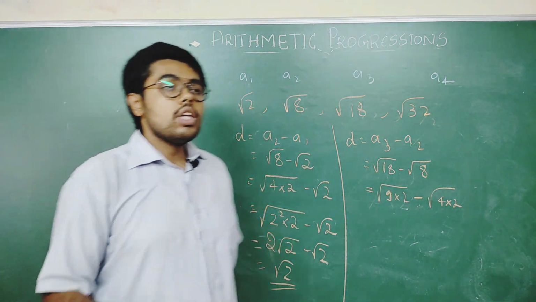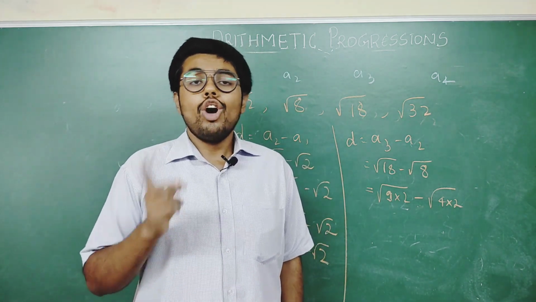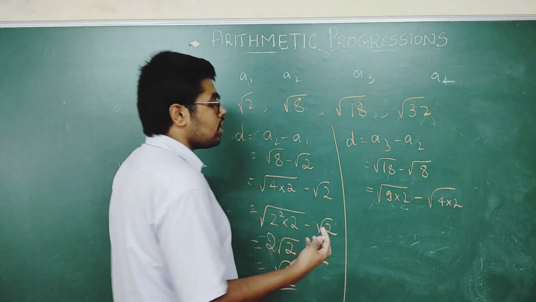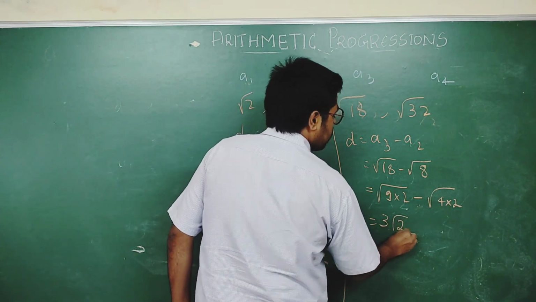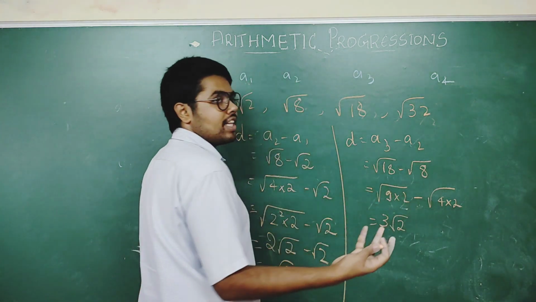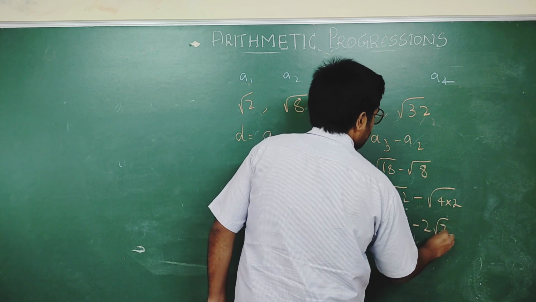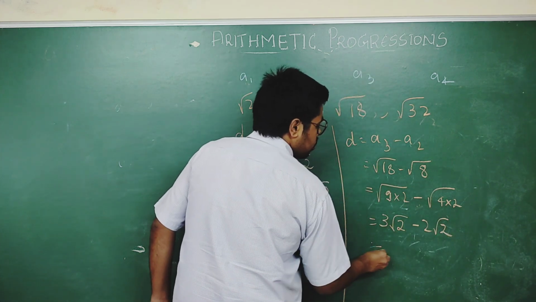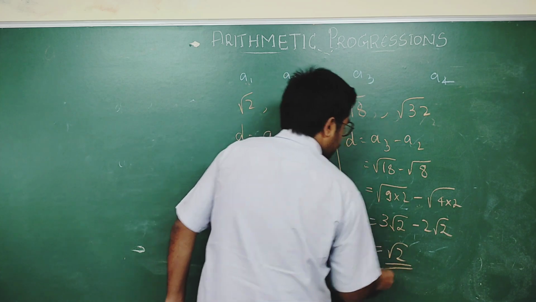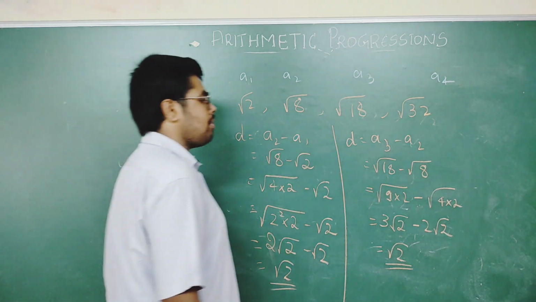Therefore you need to know the squares and square roots of 1 to 25 at least. Root 4 is 2. What is root 9? Root 9 is 3. So 3 comes out, and the remaining is root 2 itself. The 2 stays the same, so keep it like that. What is root 4? It is 2. Again root 2. So if you subtract 3 times root 2 minus 2 times root 2, you are just left with root 2. If you want, we can immediately do one more.